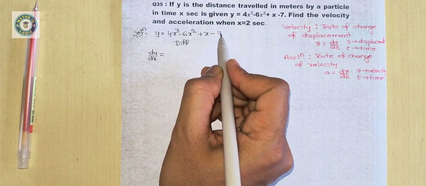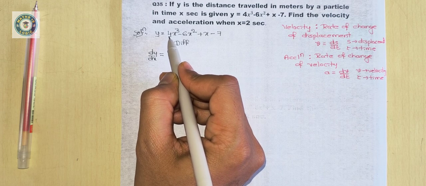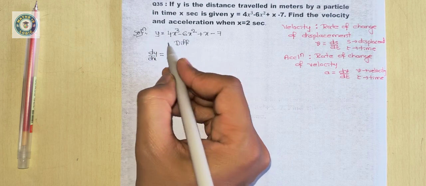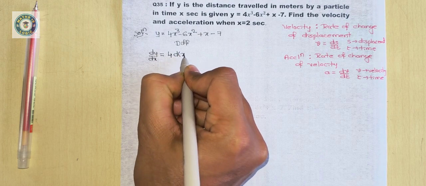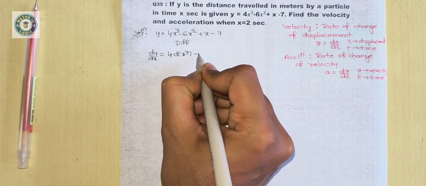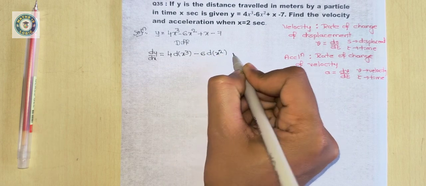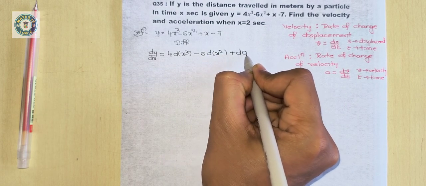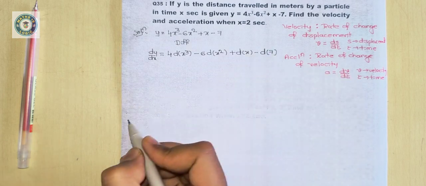While differentiating, if a number is beside the function, take that number outside. So I take 4 outside, the differentiation of x cube, take the constant 6 outside, the differentiation of x square, plus the differentiation of x, minus the differentiation of the pure number 7.